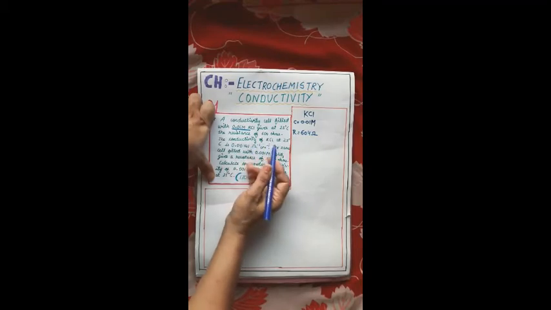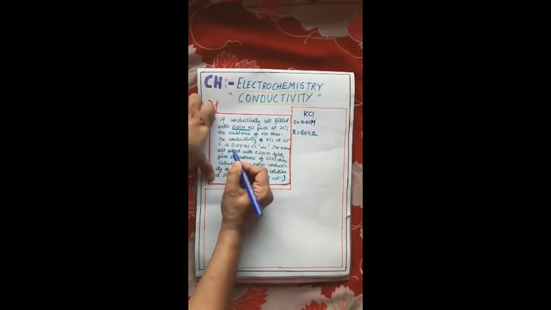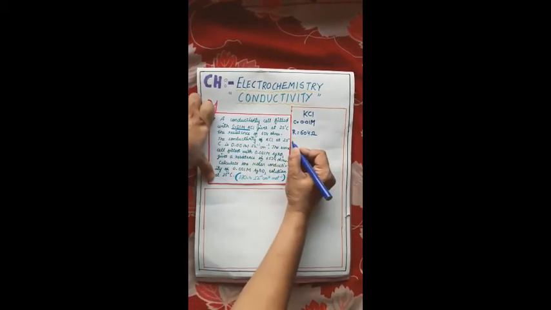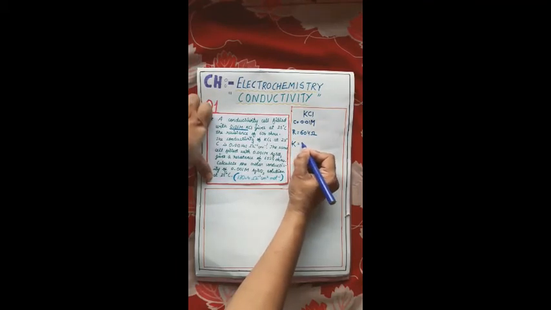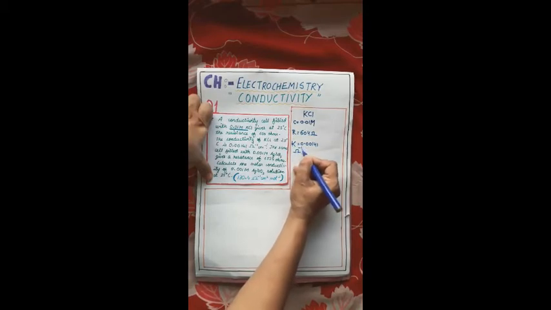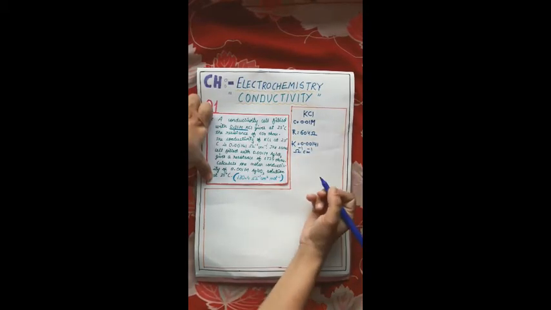The conductivity of KCl at 25 degrees centigrade, conductivity is K, so we are writing 0.00141 ohm inverse centimeter inverse.